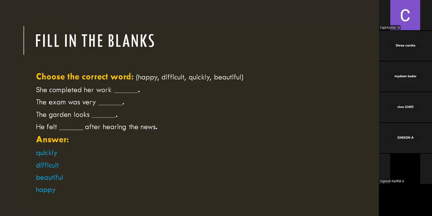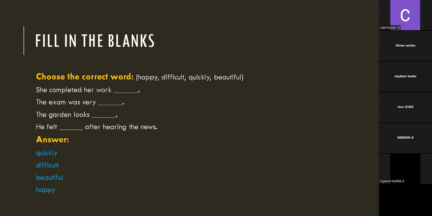Okay. Choose the correct answers. I'll give the 4 options to you here. The first, happy. Second, difficult. Third, quickly. Fourth, beautiful. The first question: she completed her work dash. What is the answer? Quickly. Nice.